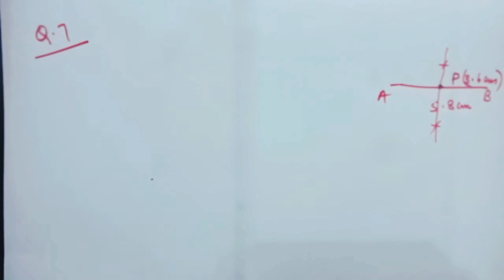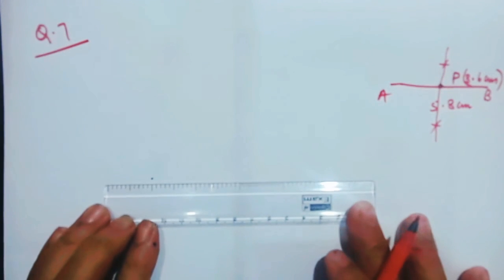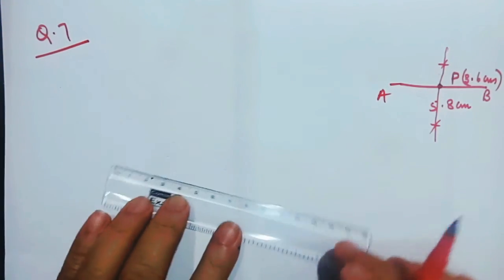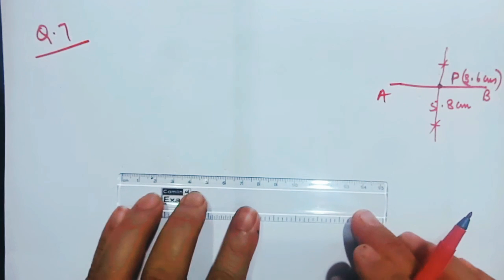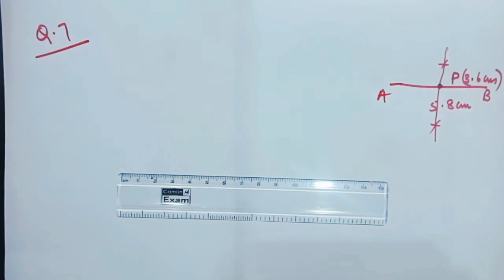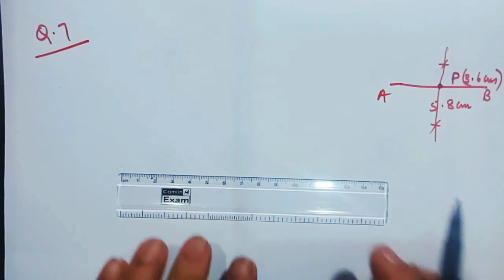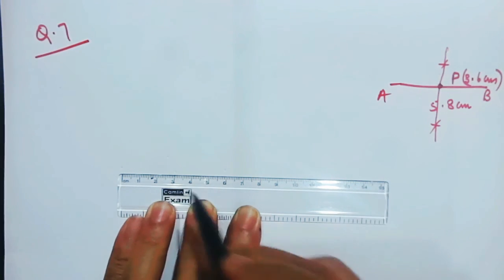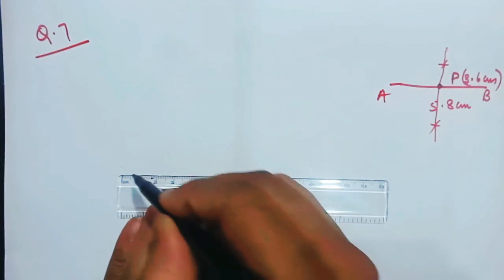Now, as I said, let me draw a line AB equal to 5.8, and you know how to draw 5.8. First we shall take another pencil, and then let us mark 5.8 centimeters.